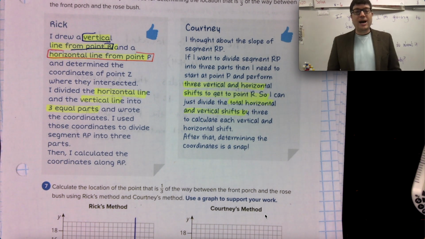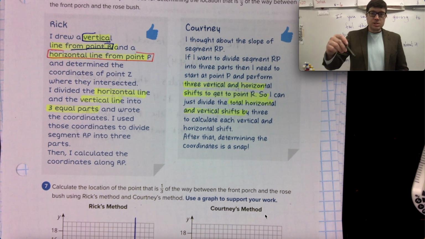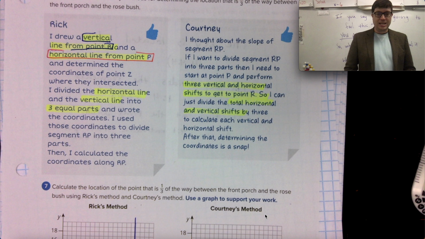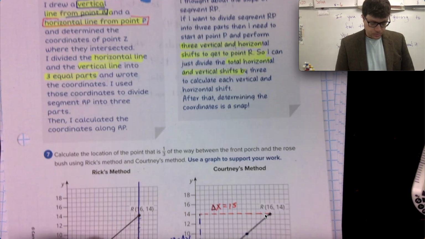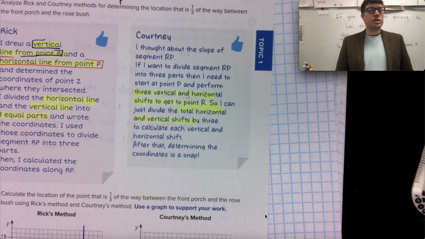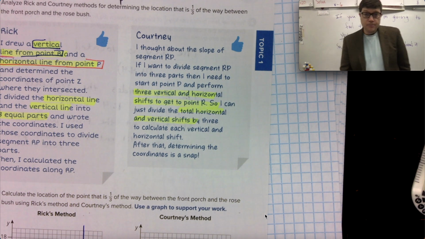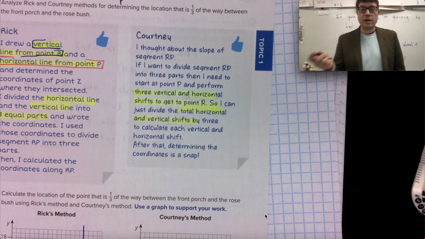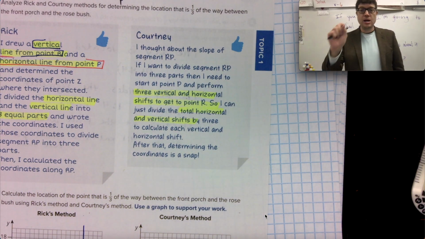Then Rick divides the horizontal line and the vertical line into 3 equal parts and uses the coordinates to carry up to segment RP to divide it into 3 parts. Then he calculated the coordinates along RP. Courtney thought about the slope of the segment RP and then used the slope to divide that segment into 3 parts with 3 horizontal and vertical shifts that allow us to take point P up to point R in 3 stages.